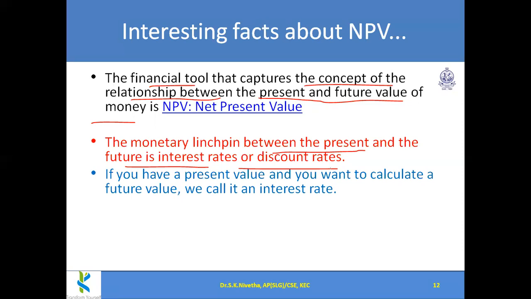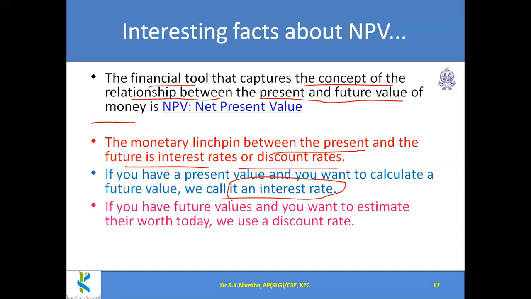If we have a present value and want to calculate a future value, like when you want to invest some money in a bank, then we will be using the interest rate. And if we have future values, like in future this much amount will come, and I want to estimate the present worthiness today, then we'll be using the discount rate.